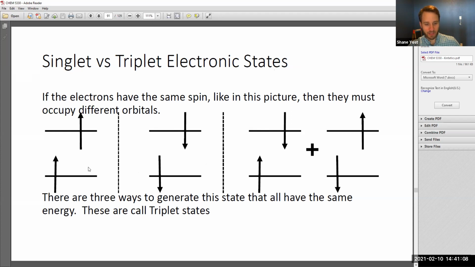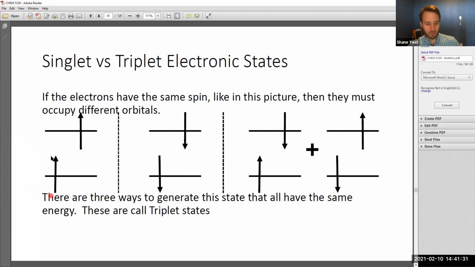But you can have excited states that are these triplet states. They're called triplet because each of these, so I have this dashed line here, each configuration of electrons in some orbitals represented by these arrows over these horizontal lines, each one of these has the exact same energy.